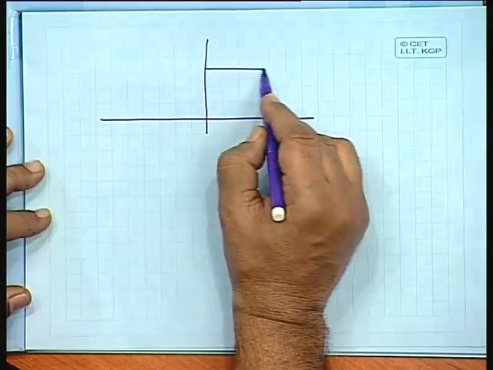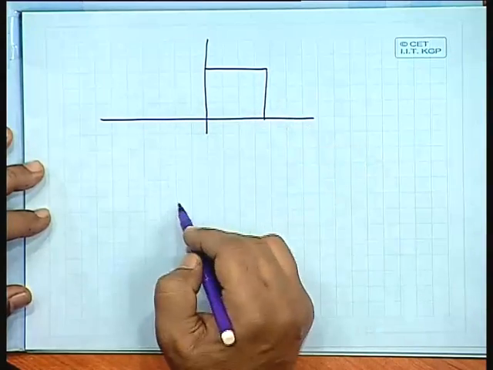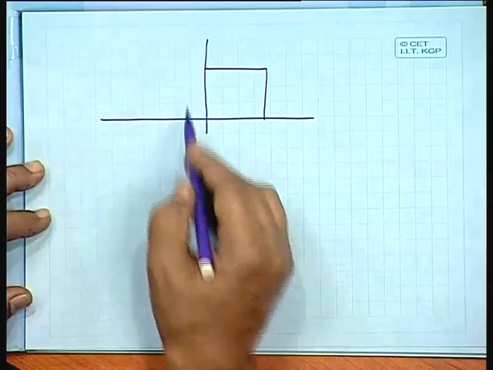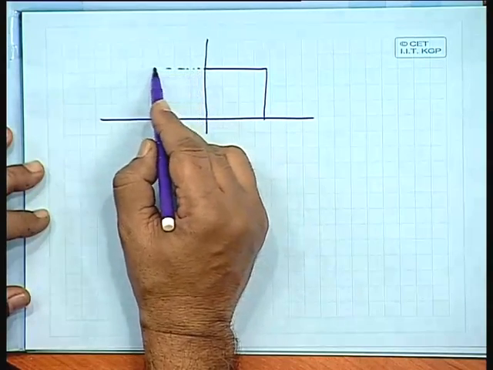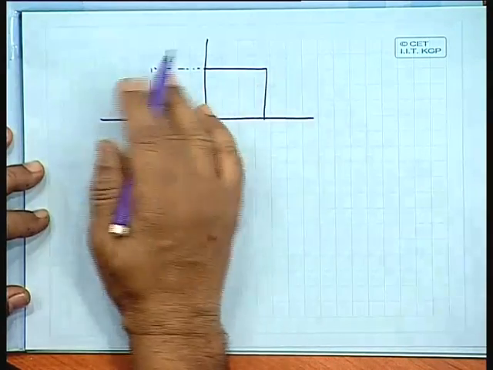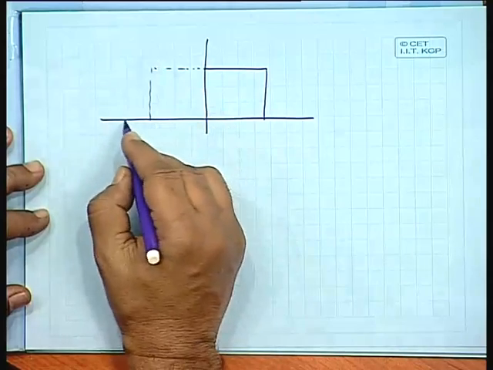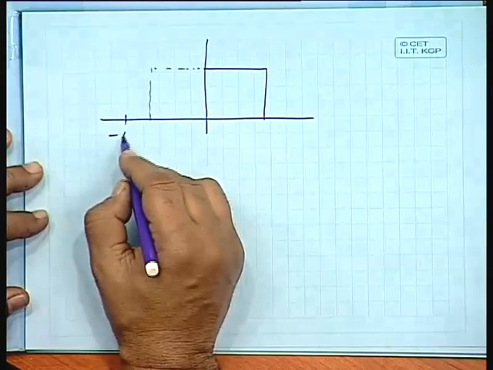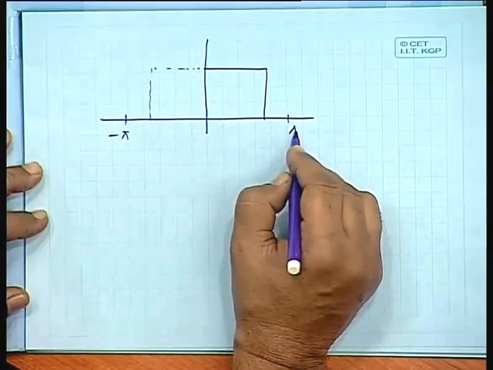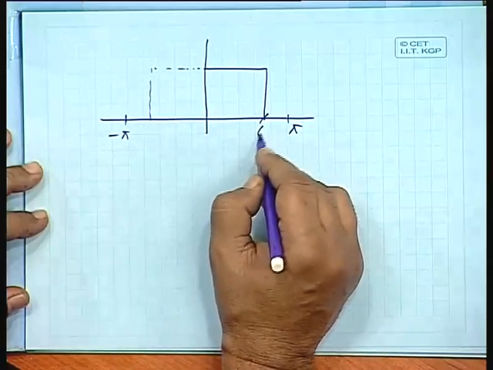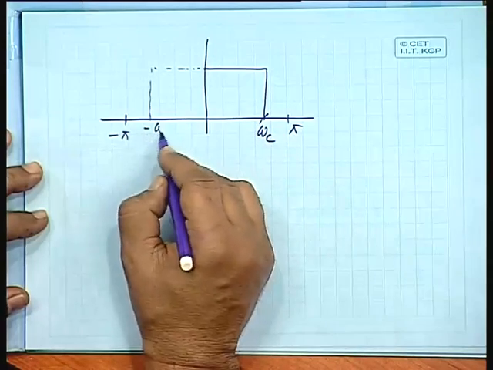Suppose we take a very simple function like this. It is already defined here also, because it will be a mirror image. So, minus pi to plus pi, and this is the cutoff omega c, minus omega c.